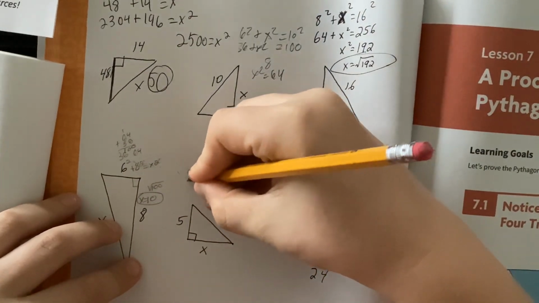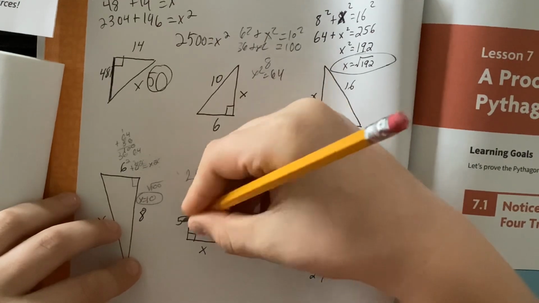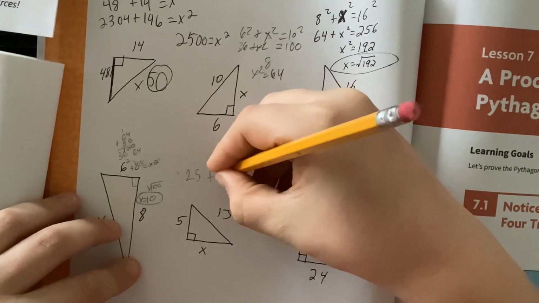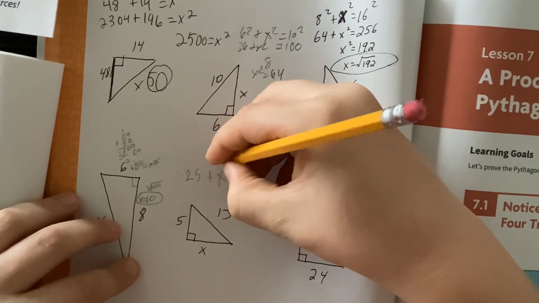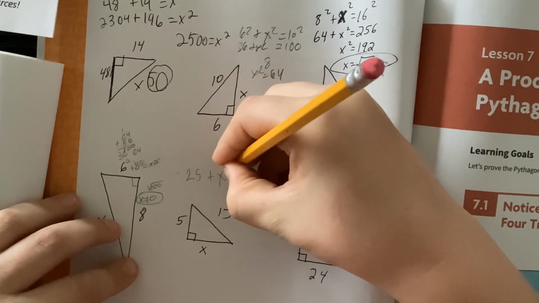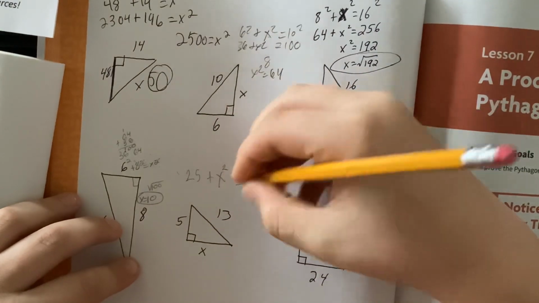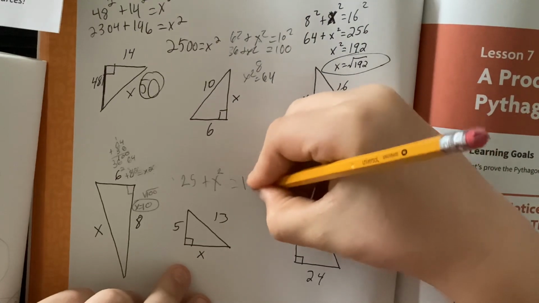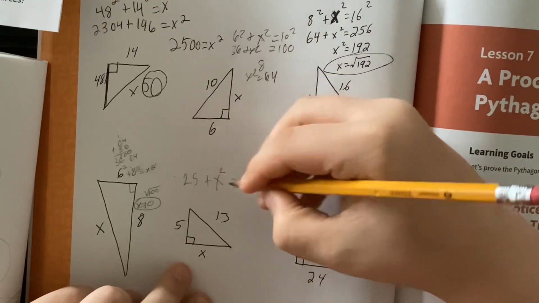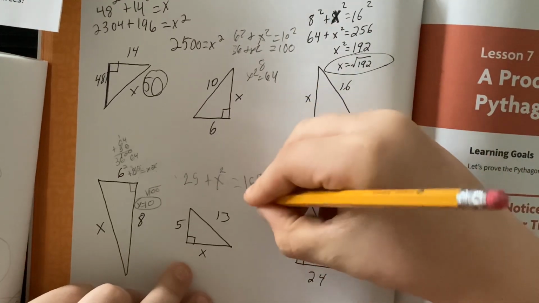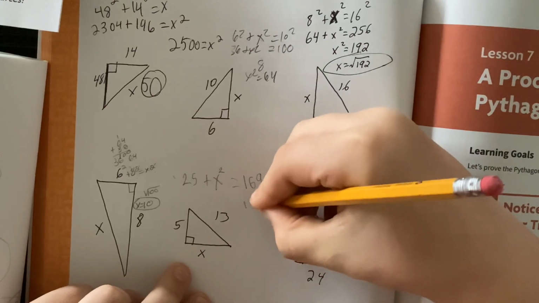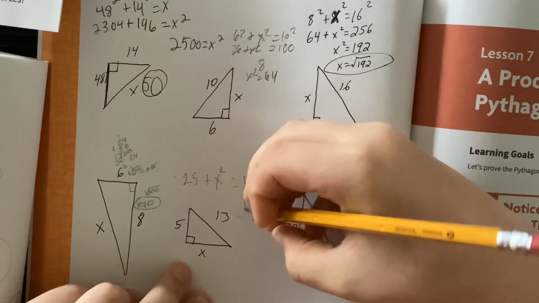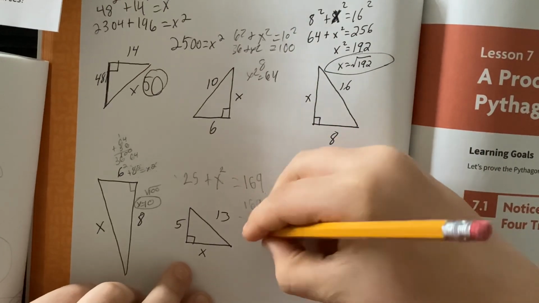So we have 5 squared is 25 plus x squared equals 13 squared, which will be 169. We take 169 minus 25, that'll be 144.